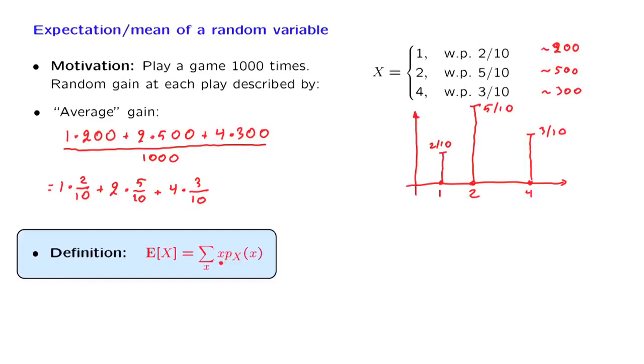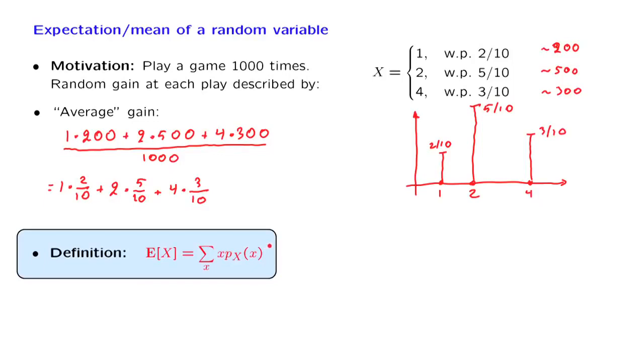So when x is equal to 1, we get a 1 here and then the probability of a 1. When we add the term corresponding to x equals 2, we get little x equals 2, and next to it the probability that x is equal to 2, and so on. So this is what we call the expected value of the random variable x.